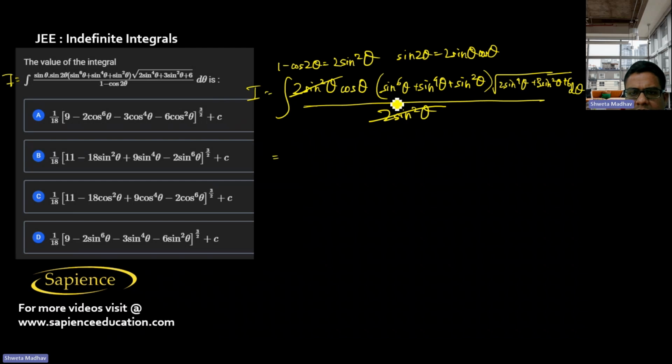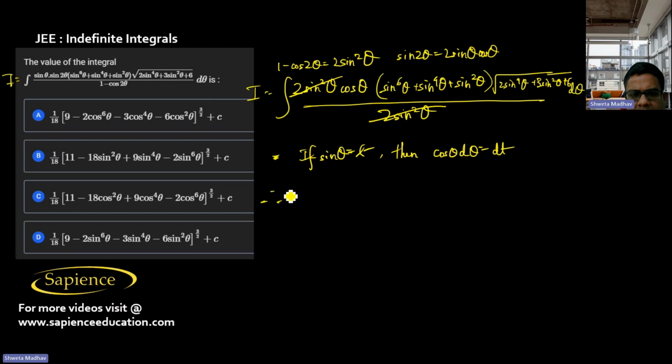So here if I take sine theta as t, then obviously cos theta d theta would be equal to dt.